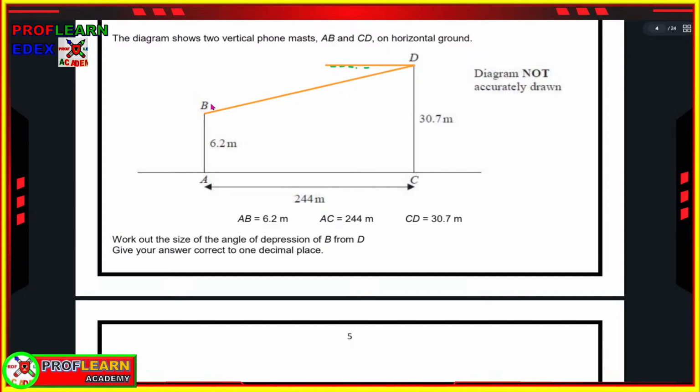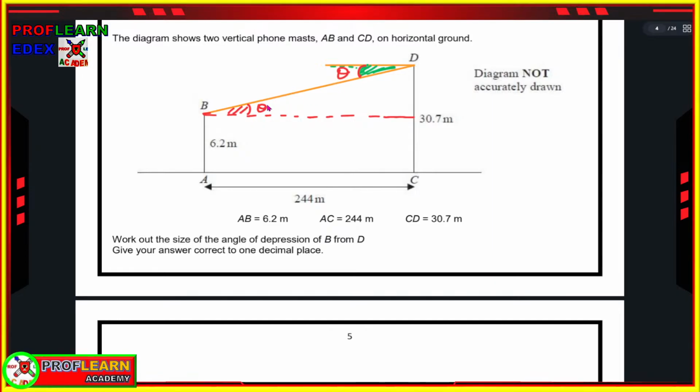Angle of depression of B. The angle of depression I'm going to find basically is this angle that is at this point. But something I need to mention is this angle that we have here is basically equal to the angle of elevation from this particular point. This angle that we have is also theta.